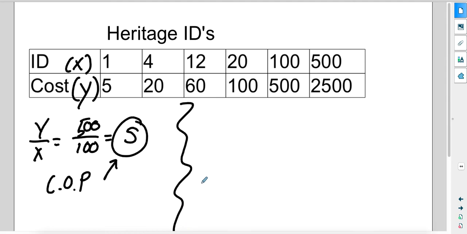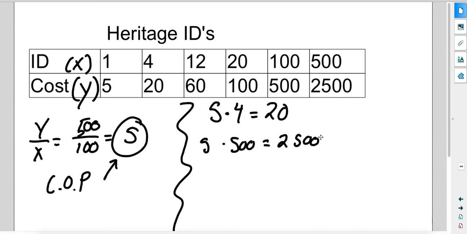Now my equation in this example, so for example, if I had my $5 for each ID, 5 times 4 IDs should give me 20. I know that 5 times 500 IDs, hypothetically, if I wanted to buy the entire school's IDs, that would be $2,500. So I know that I'm going to be multiplying my 5 times the number of IDs that I purchase would give me the cost.